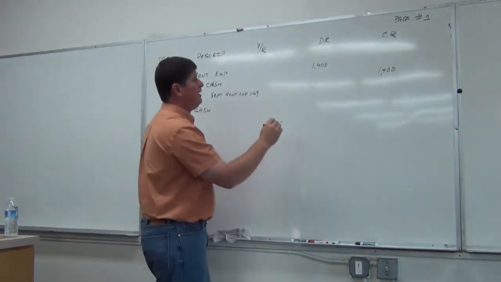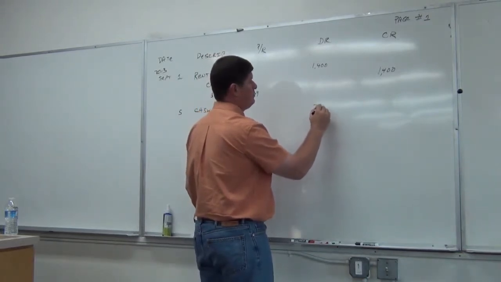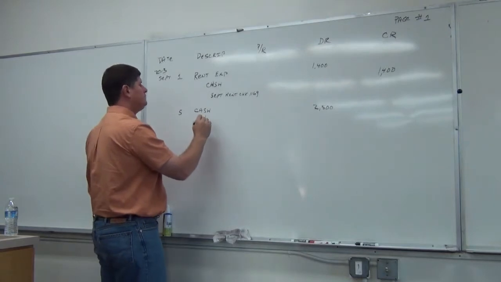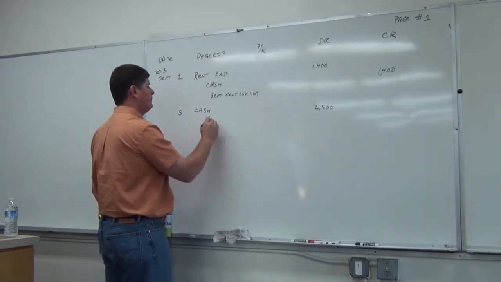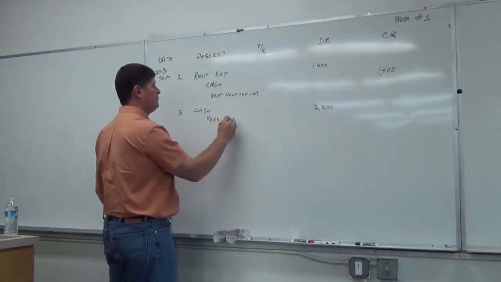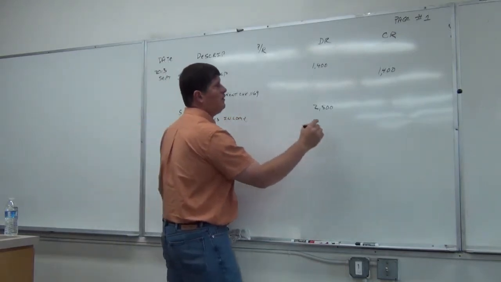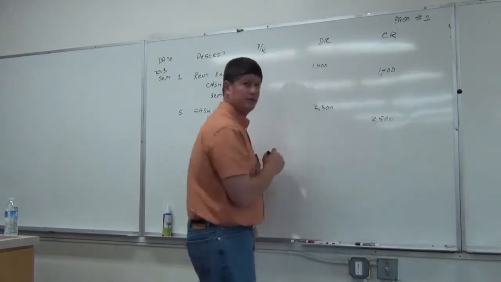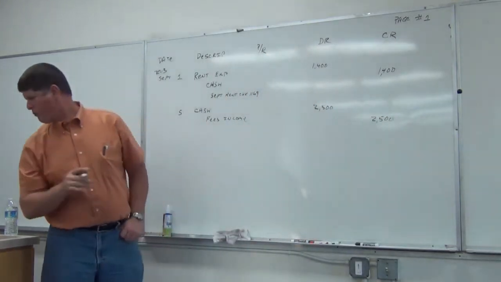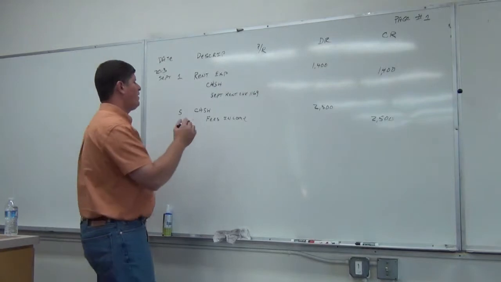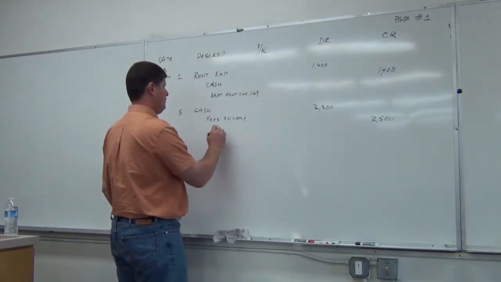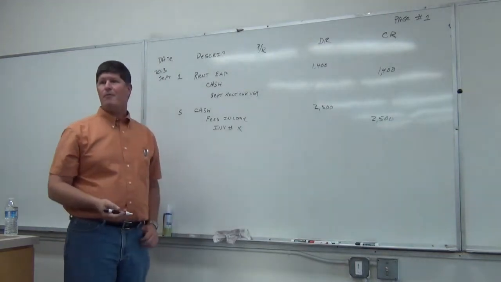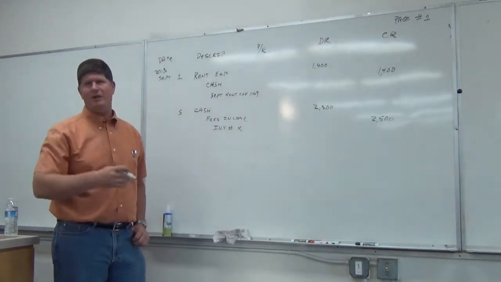How much did we get? 2,500. Come down a line, what's our credit? Fees income. And that's a credit, $2,500. Description? Services performed. Normally I would get an invoice number, right? There'd be something, but they didn't give us one, so I'm making one up.